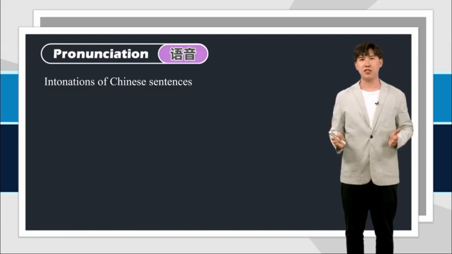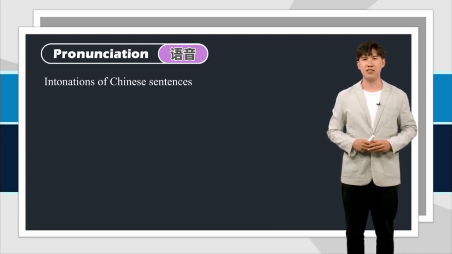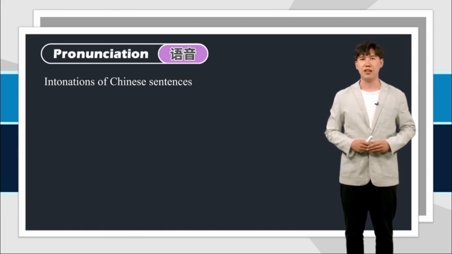Like many other languages, there are two basic intonations in Chinese, the rising intonation and the falling intonation. First, listen to me carefully and distinguish the intonations of the following sentences.